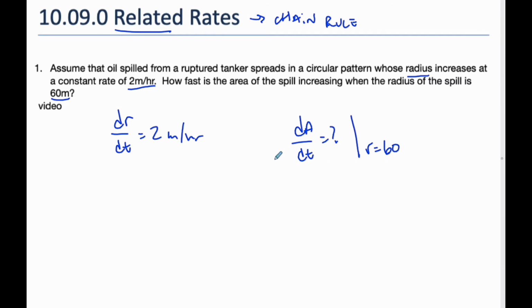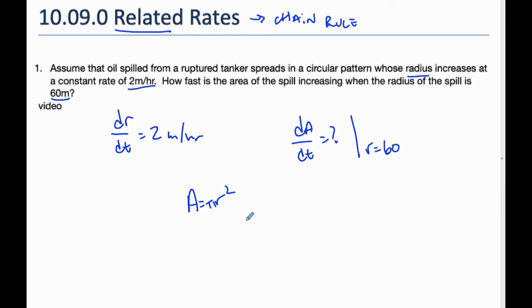And so that's the first thing I want to do. I want to write down the information I know. And then I want to look for a relationship that relates area and radius. And I know because it's circular that area and radius are related by A = pi r squared. And I'm looking for dA/dt, but there's no t in this formula at all.